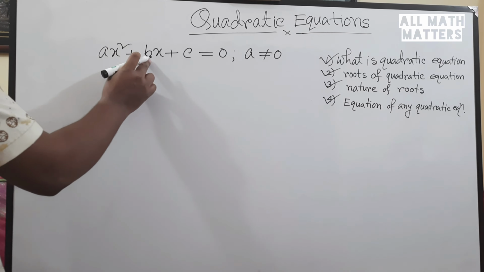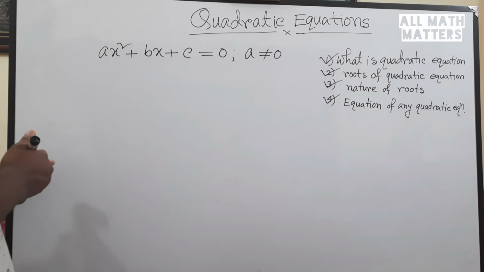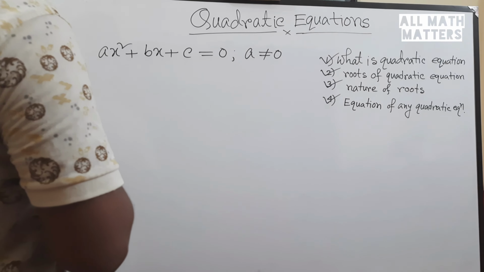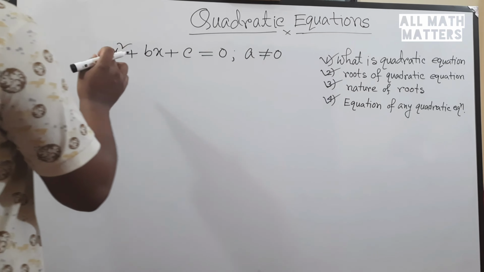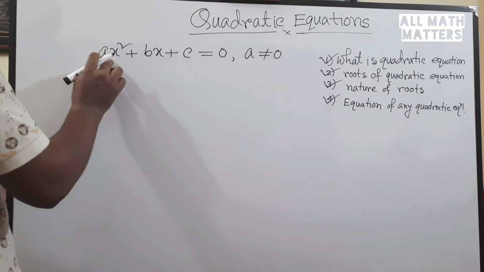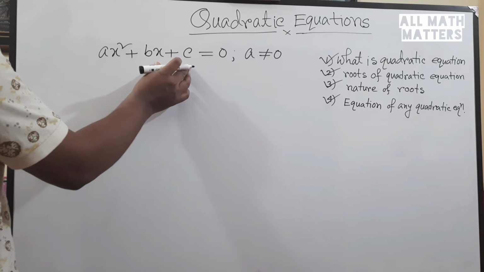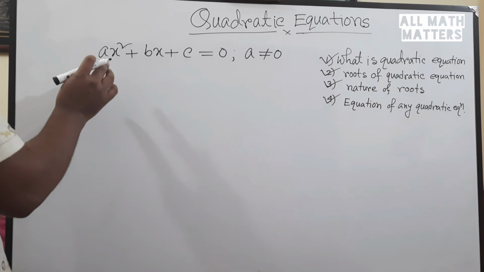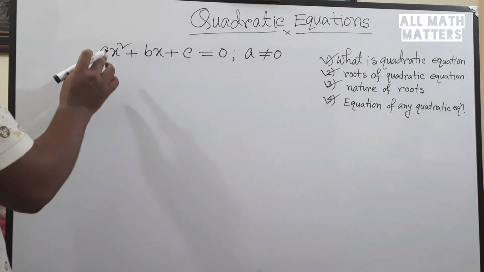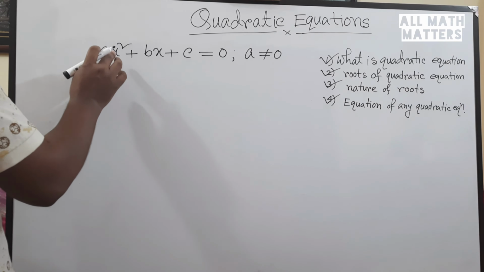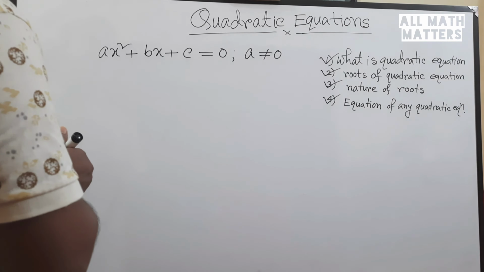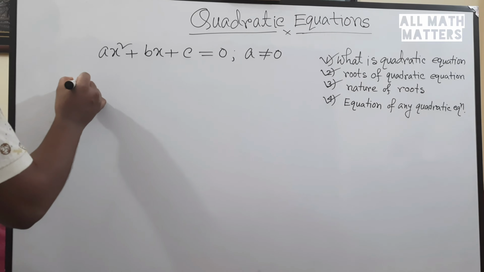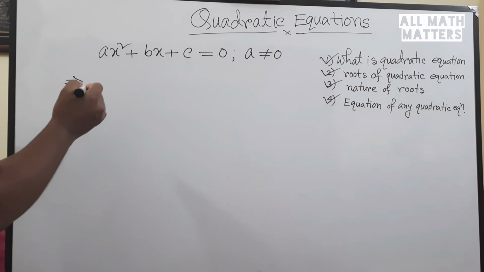Here a, b, c are arbitrary constants. Why is a must be not equal 0? If a is 0, then it cannot be possible to make a quadratic equation, because the main characteristic of a quadratic equation is that the power of x must be 2, otherwise it cannot be possible to make a quadratic equation. Now I'll derive the roots of this quadratic equation.